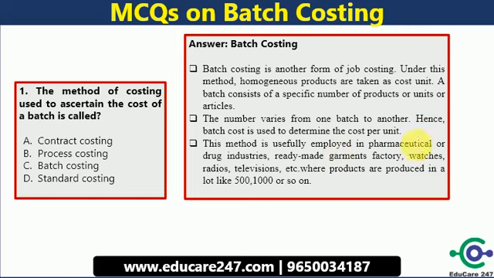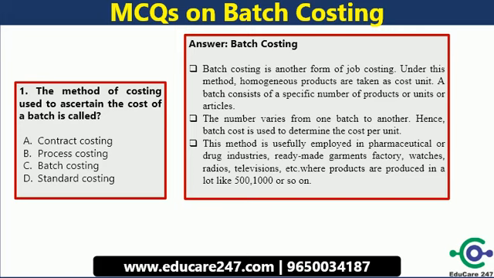So what exactly happens is, after the sum of all the total cost of a particular batch is divided by the number of units which come under a batch, we are able to calculate the cost per unit.